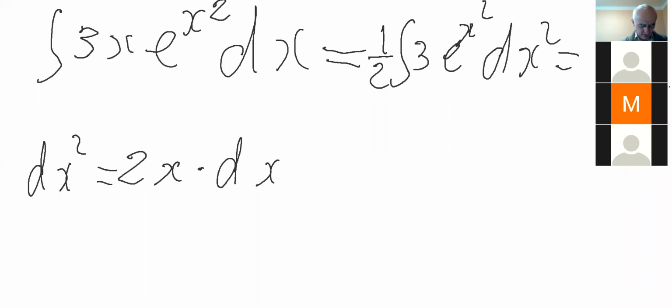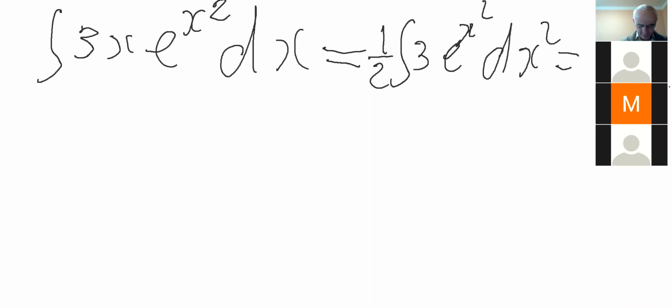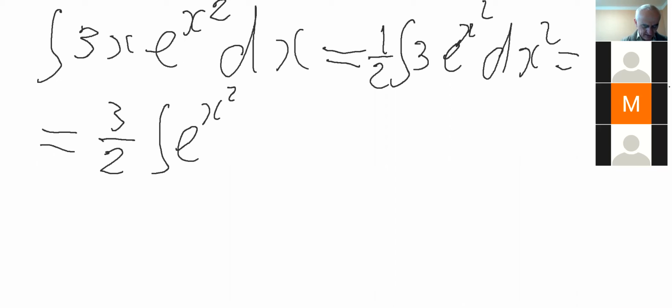And now I will continue. I can move 3 out because 3 is also a constant, and inside the integral we have the function e to the power x square dx square. Now notice that in the power of e we have x square, as well as in the differential we have x square.